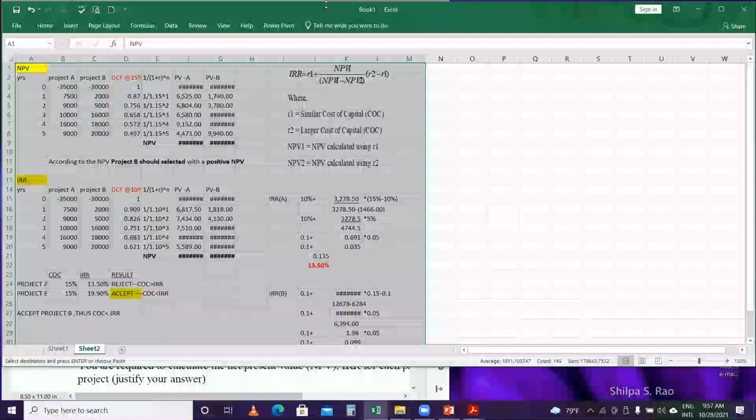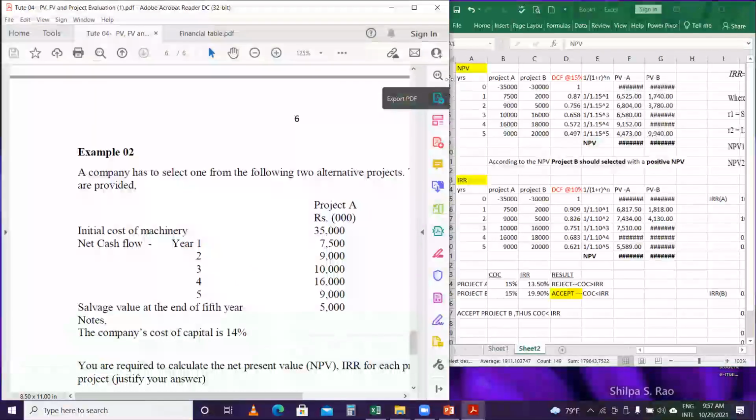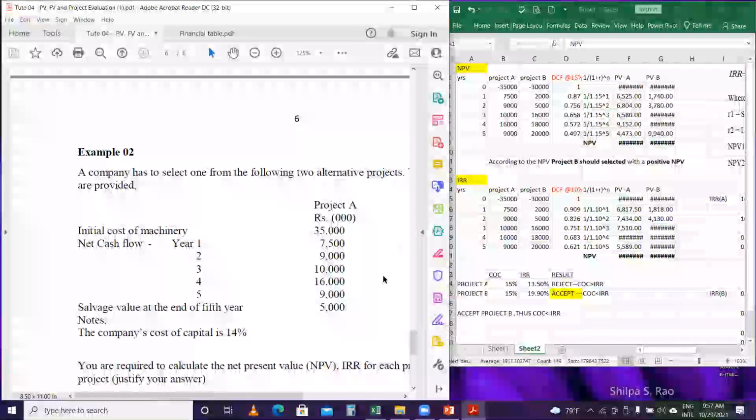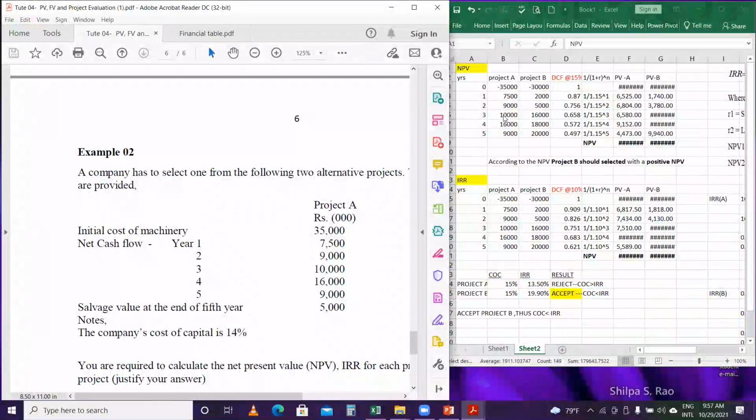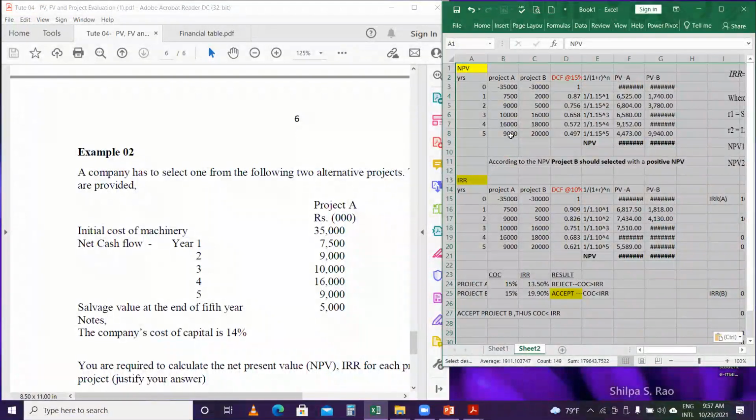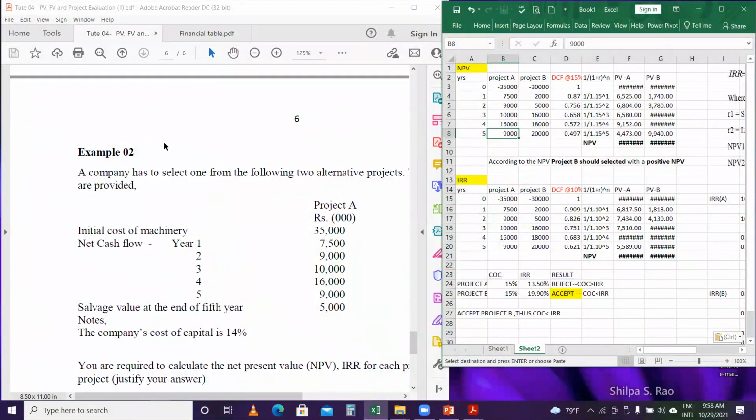So there are two projects. $35,000, 7,900 here. 10,000, 16,000, 5,000. This one has a salvage value. What do you mean by the salvage value? Sunbun nagayak tiyanawadu, right? So we have to add that figure here.